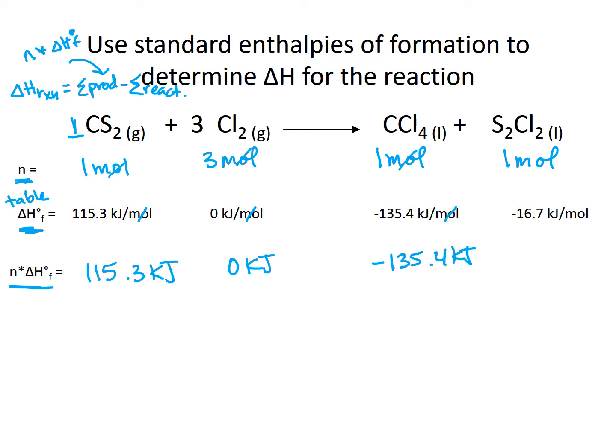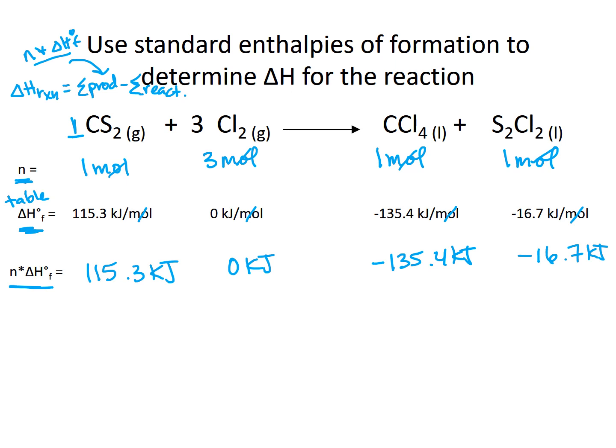So my moles cancel. Last one, 1 mole times negative 16.7 kilojoules per mole gives me negative 16.7 kilojoules. So now I've done this calculation where I've taken number of moles times delta H of formation.